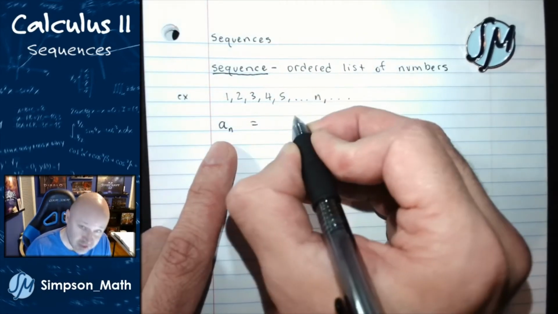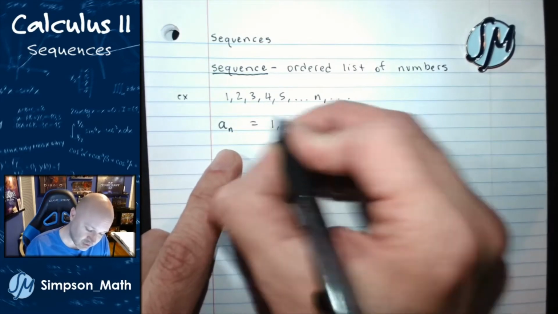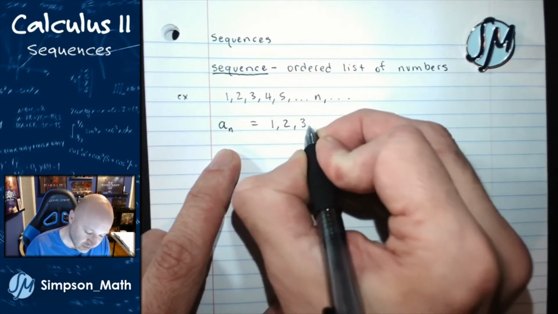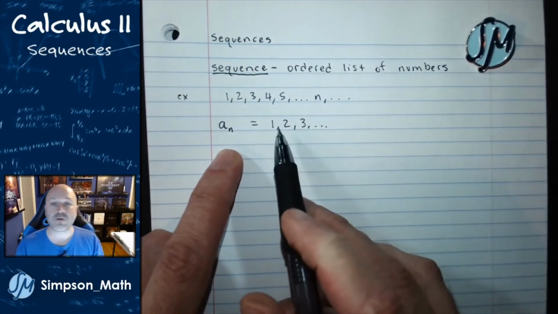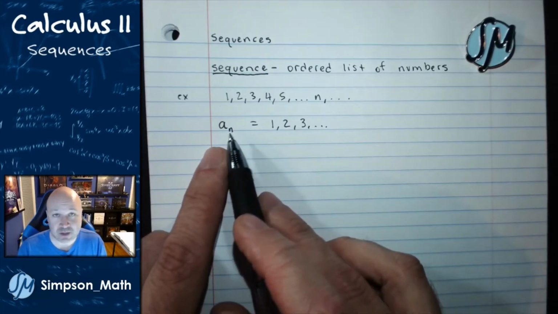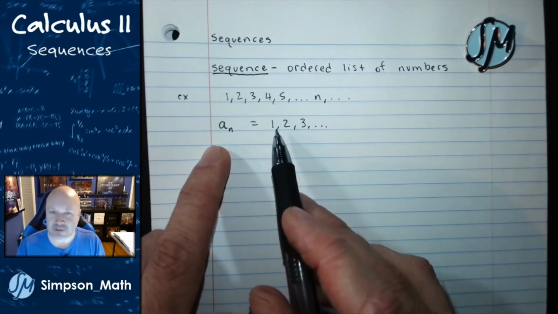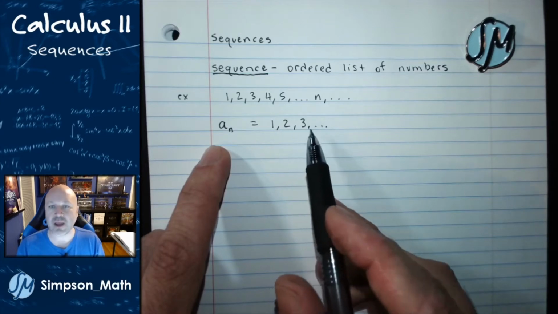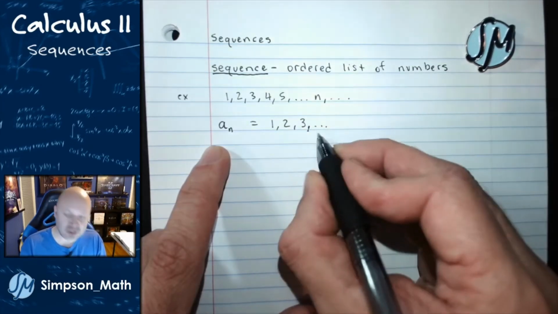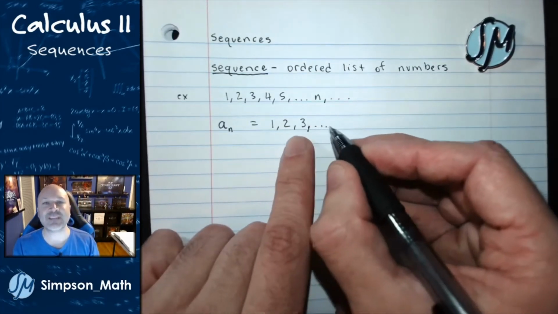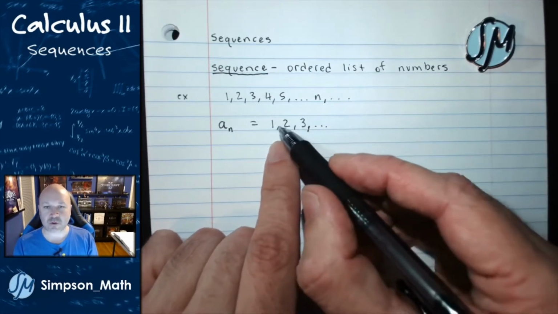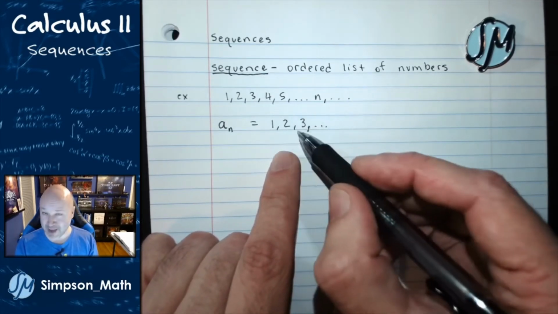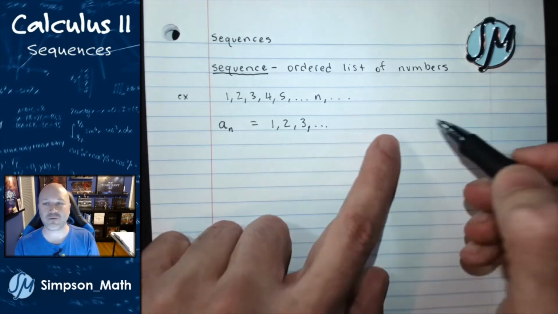And for this sequence that I just mentioned, we have the sequence a sub n, and it is the sequence 1, 2, 3, and then the dots just mean that this behavior continues. So supposedly in these three numbers, we should be able to see a pattern, and that pattern will continue forever.